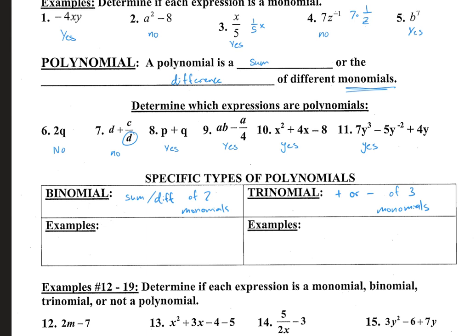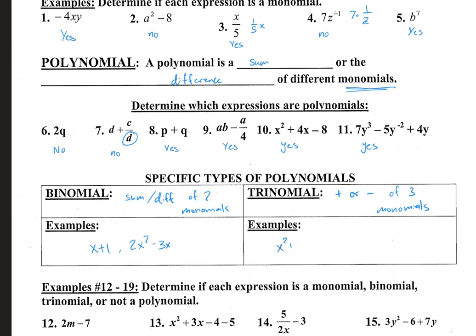So examples of this. For a binomial, you got x plus 1, you've got 2x squared minus 3x. As long as it's only 2 monomials being added together, you're good. And for a trinomial, same rules, you just have 3 terms.